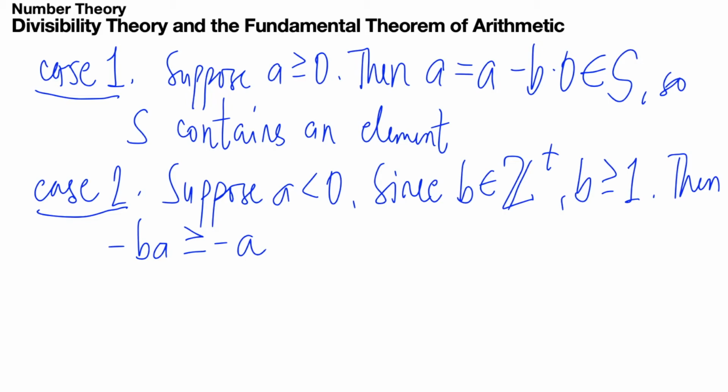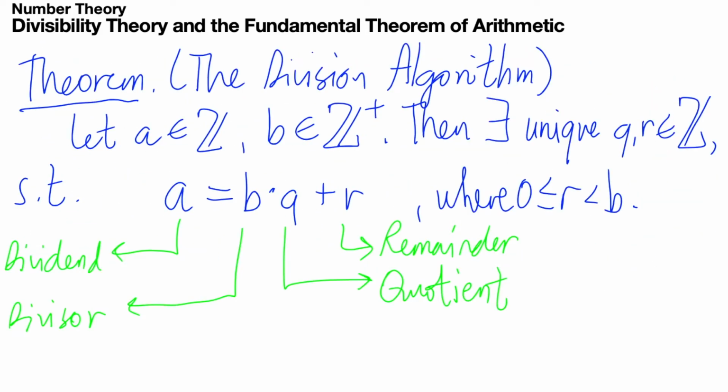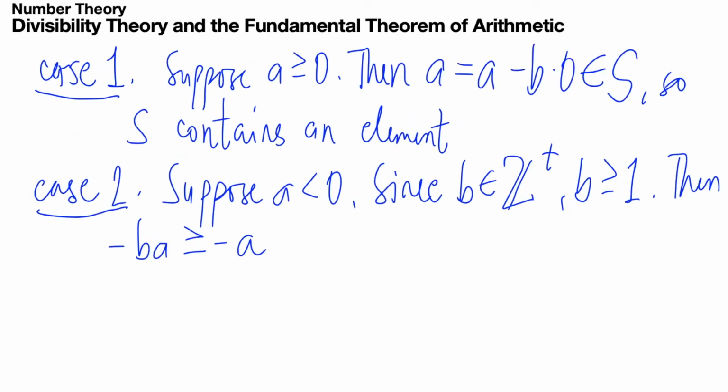First we got that b is a positive integer from the proof itself, and we have minus ba is greater than or equal to minus a because this came from a. We know that b times a is less than or equal to a because a is less than 0.